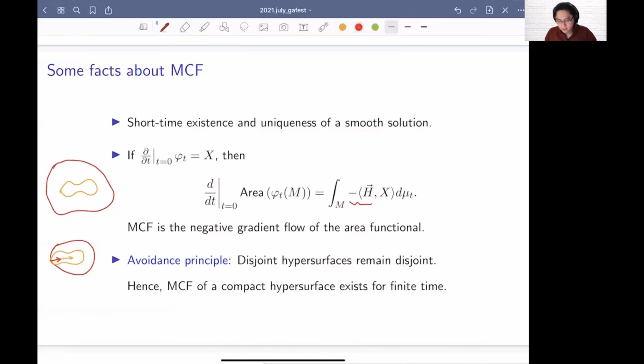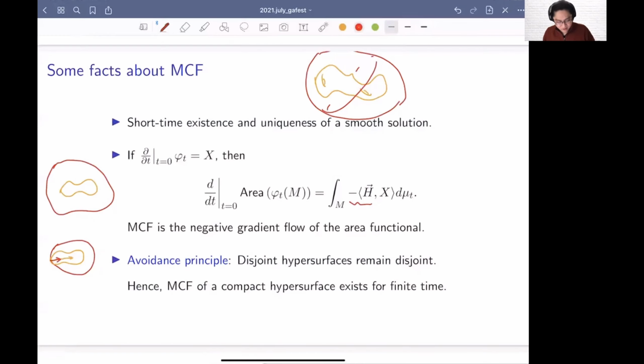And it has a very nice consequence, namely that if we have mean curvature flow of any compact hypersurface, it might look something funny. Well, this is not too crazy. But then we can always enclose it inside a large sphere. Now, because the sphere has to disappear in finite time, then the orange surface, evolving by mean curvature flow, can also only exist for a finite time.